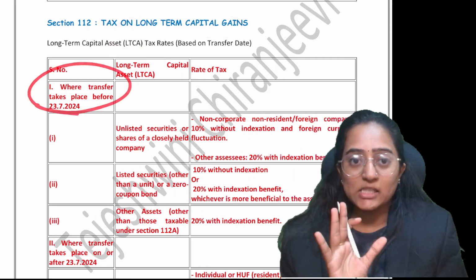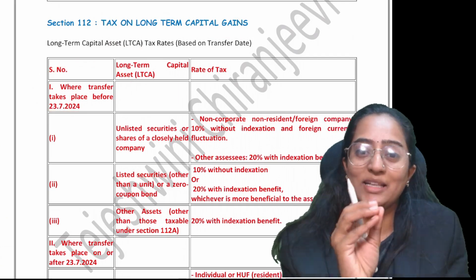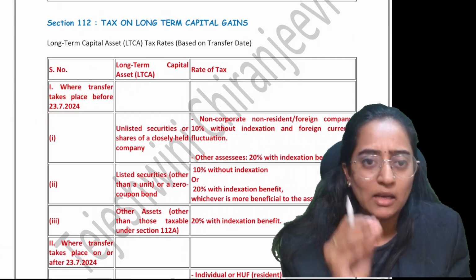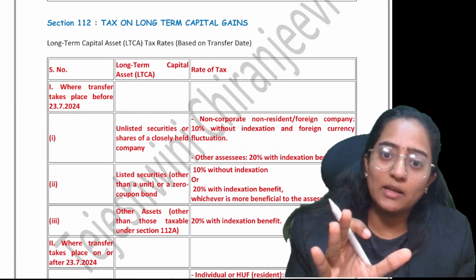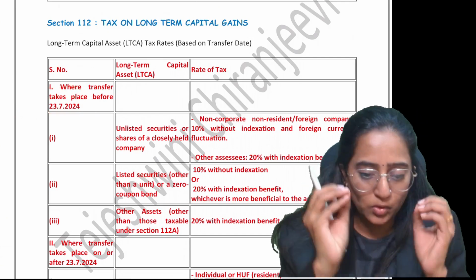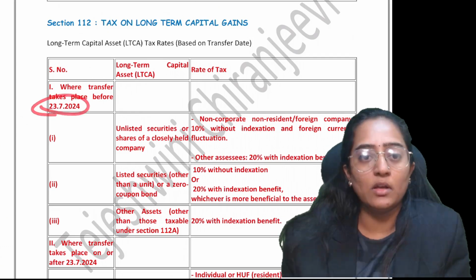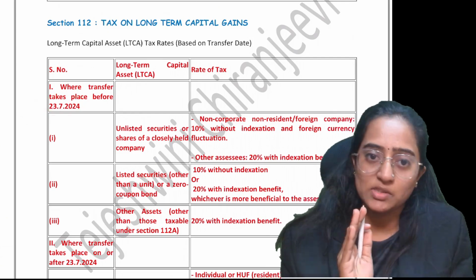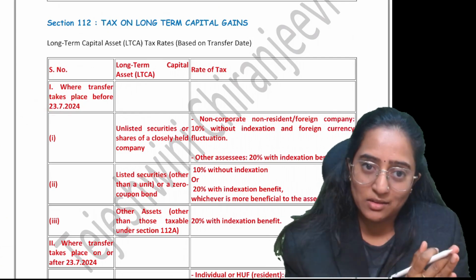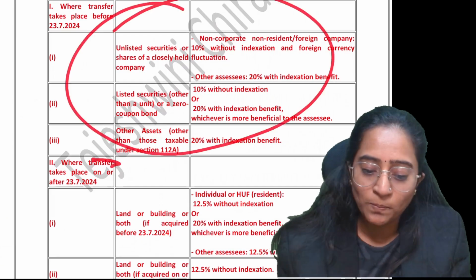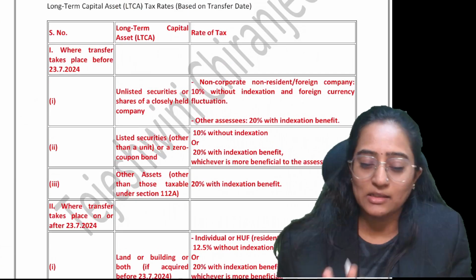If the transfer had taken place before 23/7/2024, remember this date very, very well, like you remember your birthday, or like you remember your boyfriend's or girlfriend's birthday. Whatever you do, you remember this one. Where the transfer has taken place before 23/7/2024. Is the exact date covered over here? No. Exact date is covered here. Exact date is not covered.